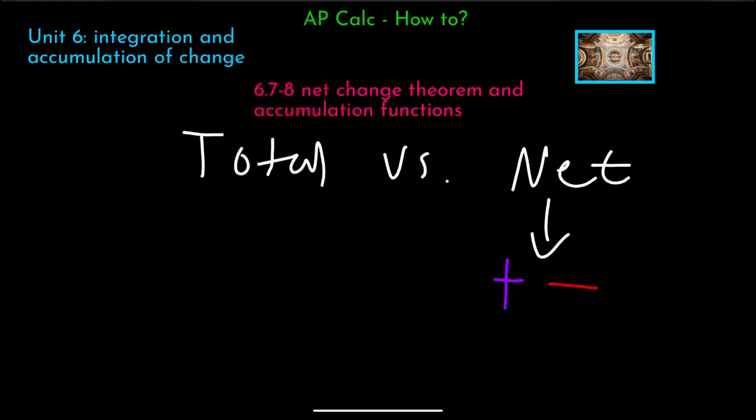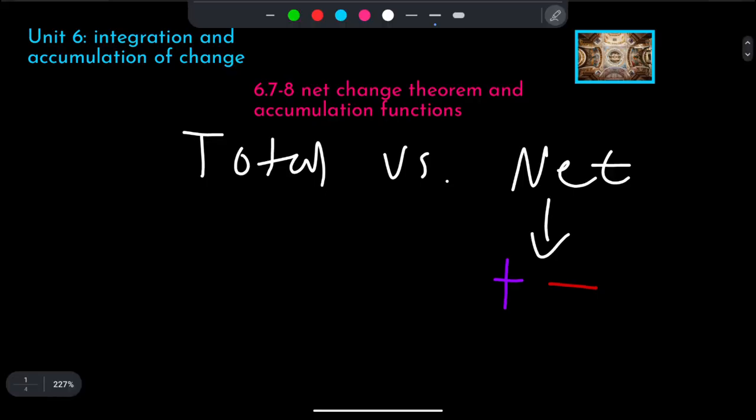The total change is the sum of absolute values, like total distance traveled. So you add everything together, and it's always going to be positive.